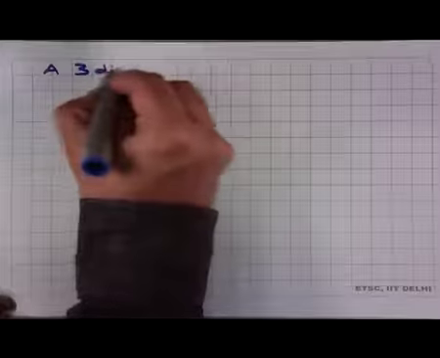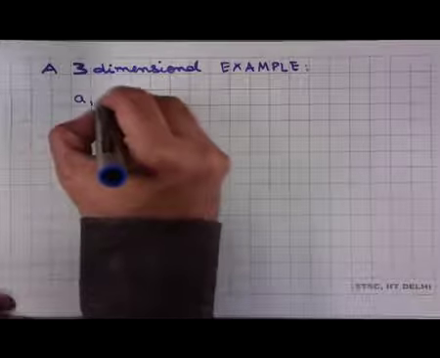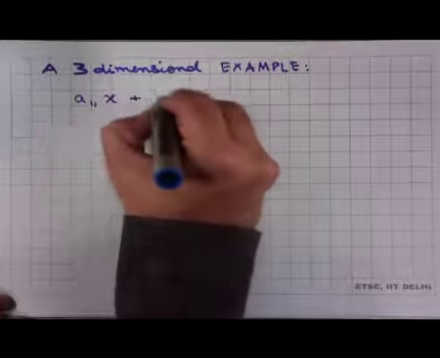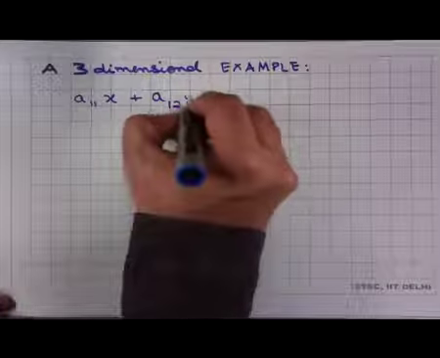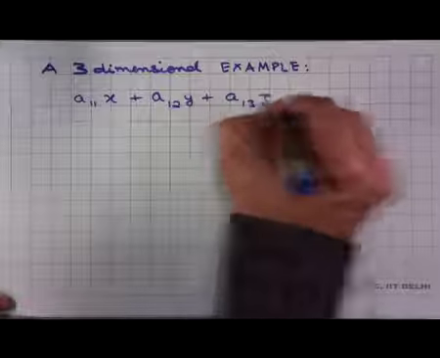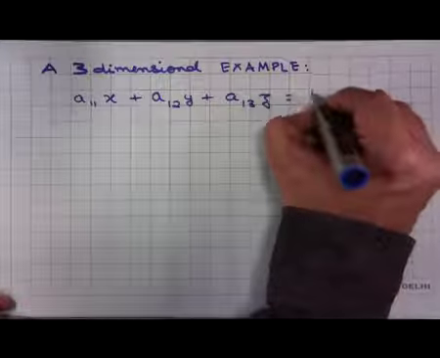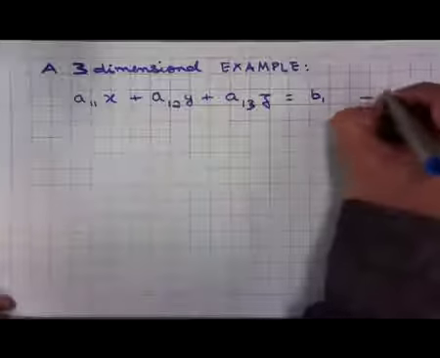Three-dimensional example. Here we say there are three equations: a11x plus a12y plus a13z equal to b1. This is equation 1.